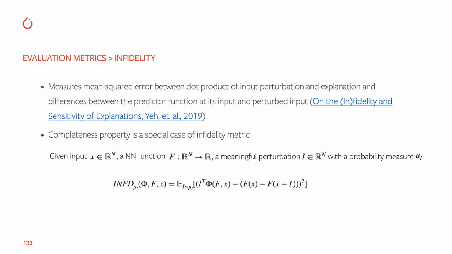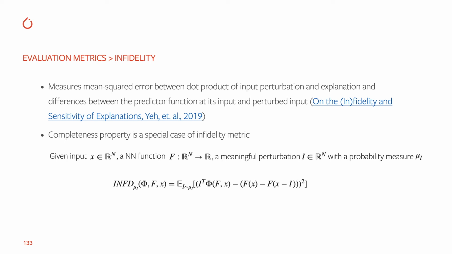Given an input x, a neural network function f, a meaningful perturbation I with a probability measure mu I, infidelity is defined as the mean square error between the dot product of input perturbation and explanation and the difference between the predictor function at its input and perturbed input. Ideally, we would like to have a lower infidelity score. The lower the infidelity score, the more trustworthy the explanations are.